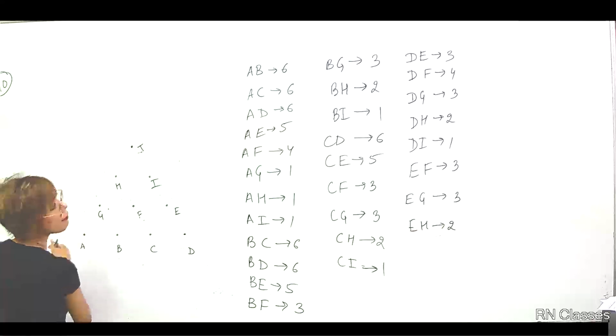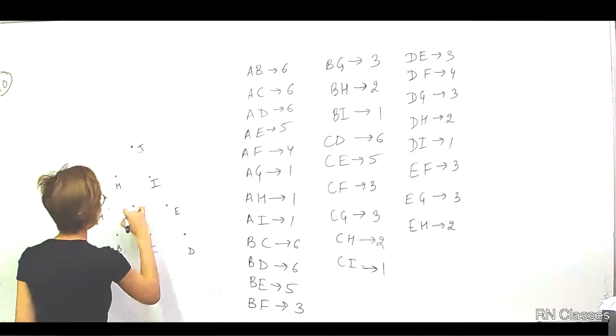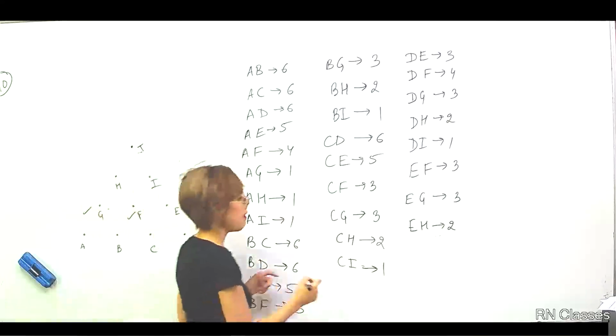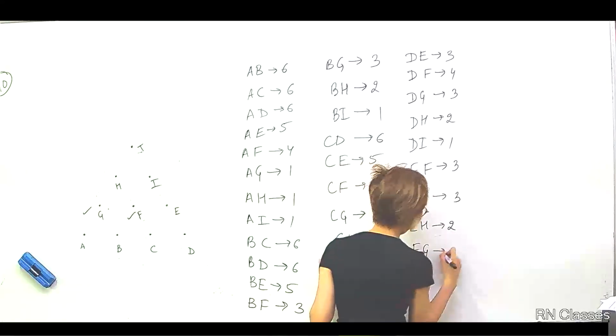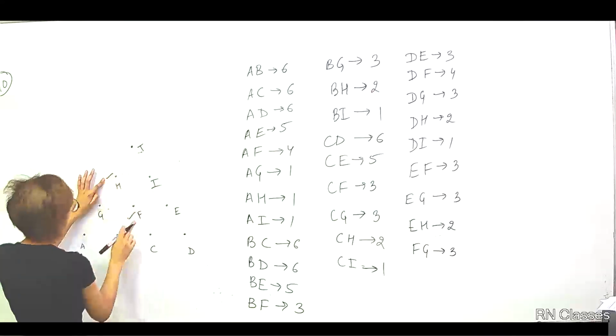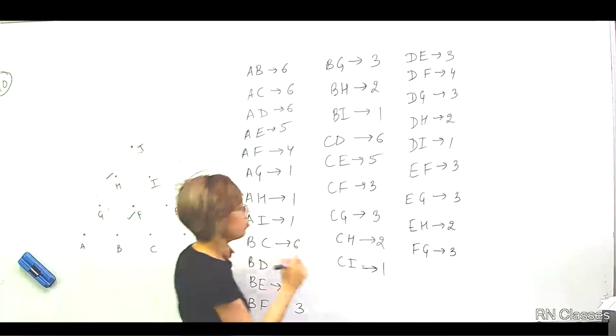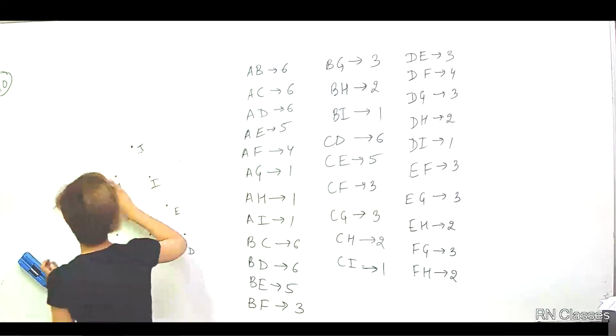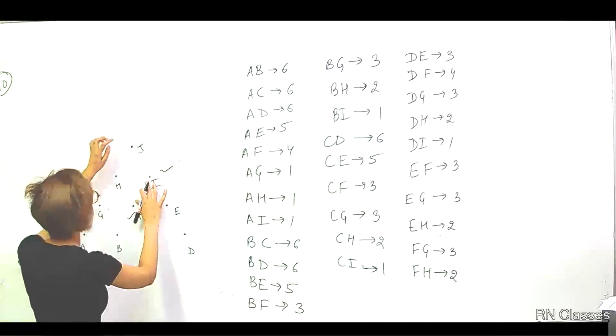Now let's move on to F. Right? F. So FG if I take, so I will have 3 options, 1, 2, 3. So FG 3, right? FG is 3. Then FH, if I take FH, I will have 2, right? Then FI, if I take, so I will have just 1.